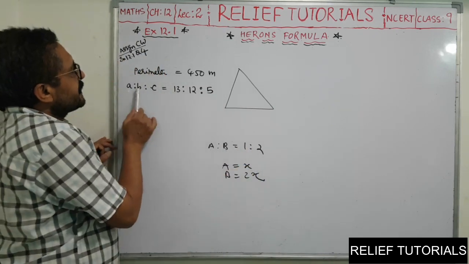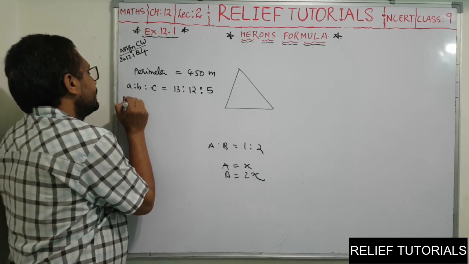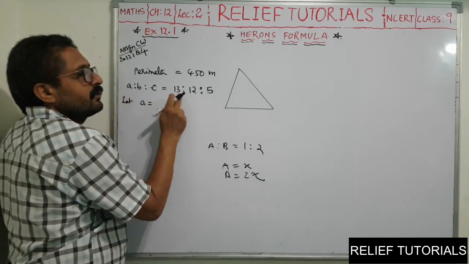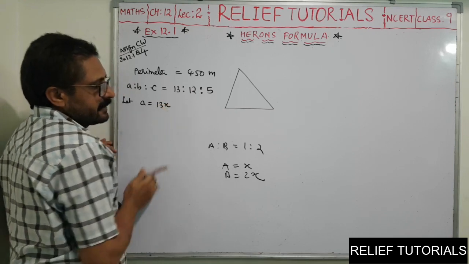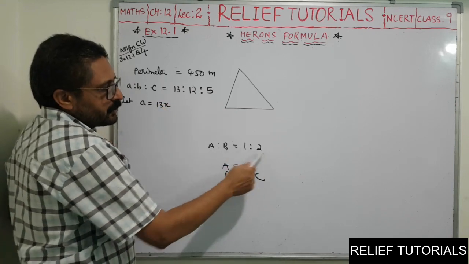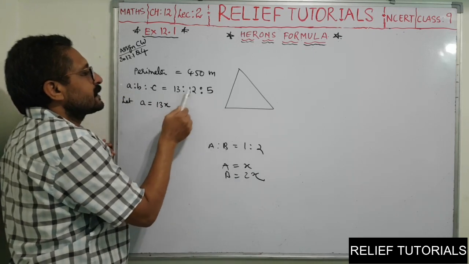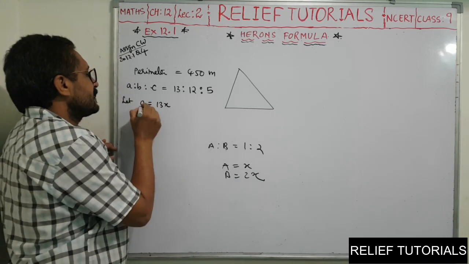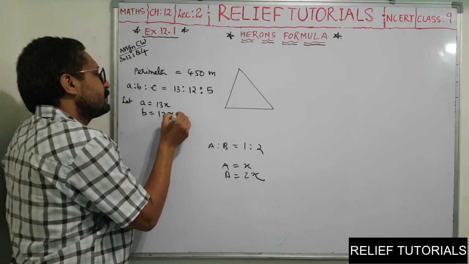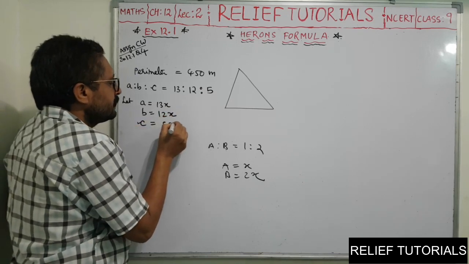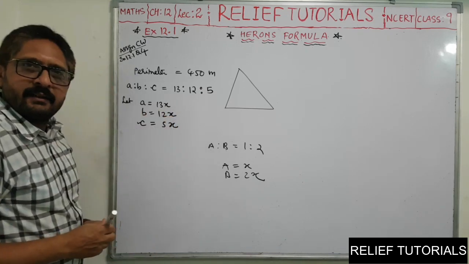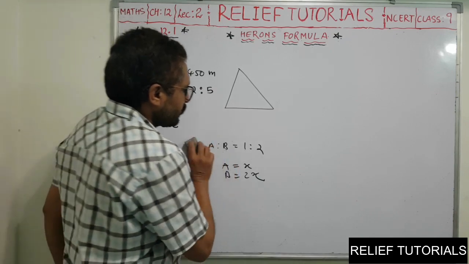Same thing here, A is to B is to C. So let A be 13x, B be 12x, C be 5x. We have learned this in lower standard.